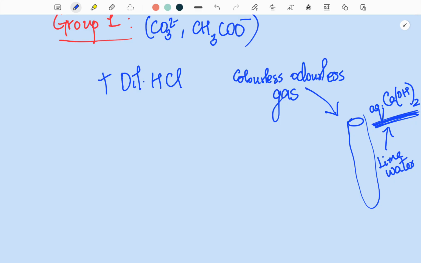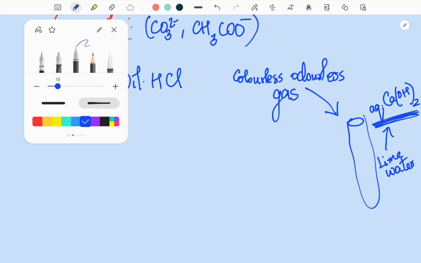Now, ideally, you don't need to do this lime water part, because lime water, if you are reacting with air, it will react with carbon dioxide and it will form calcium carbonate. So instead of that, you can just look at the colorless odorless gas, and if you're seeing brisk effervescence, what is brisk effervescence? Brisk effervescence is bubbles, the bubbles that you can see on top of the solution. And brisk effervescence means there is certain gas being evolved.